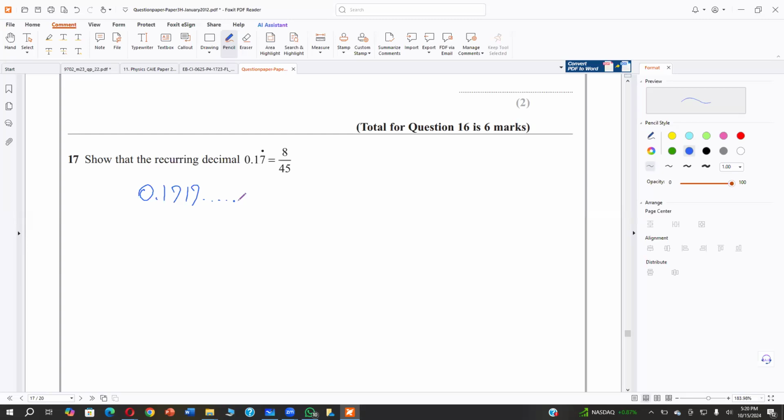Can you remember that we multiply, supposing it is equal to x? This way.